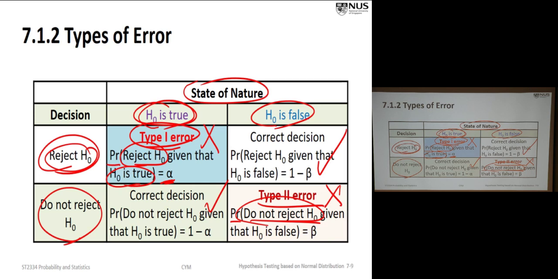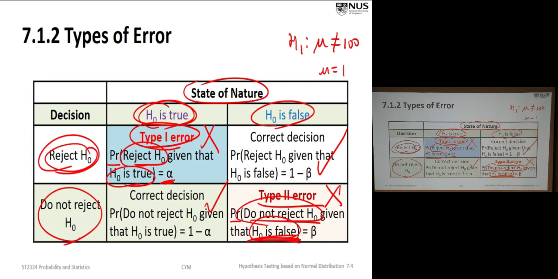But, okay, so this is a little bit vague. When I say H naught is false, to calculate this probability is not that easy. So usually we specify a particular value of this parameter under the alternative hypothesis. So if the alternative hypothesis is mu does not equal 100, then I can compute this probability with mu equal to any number except 100.